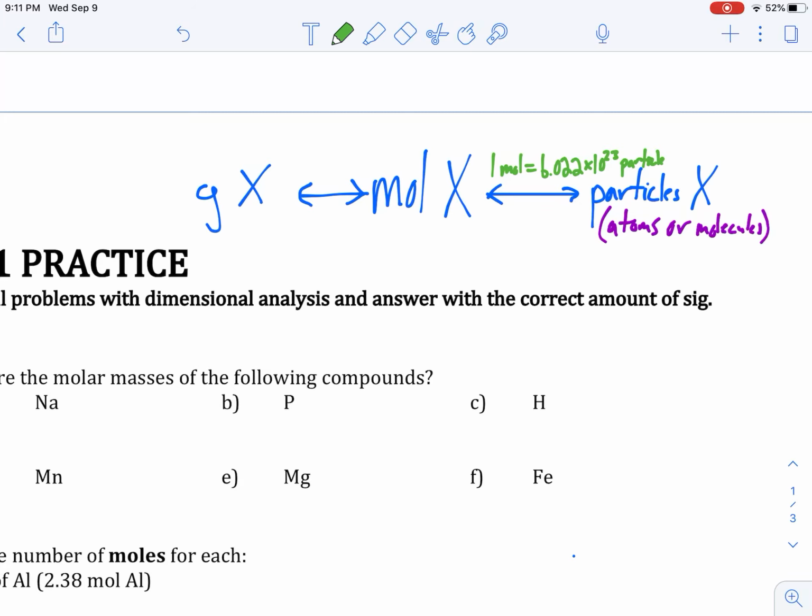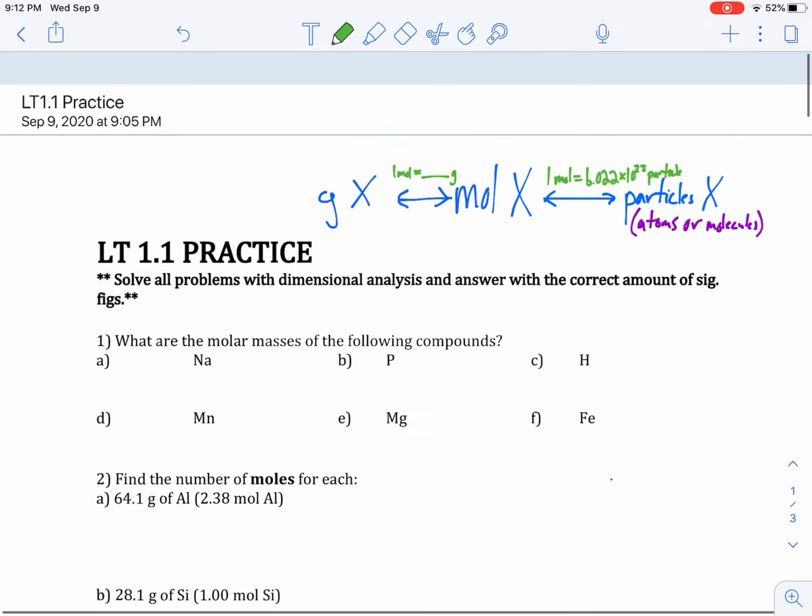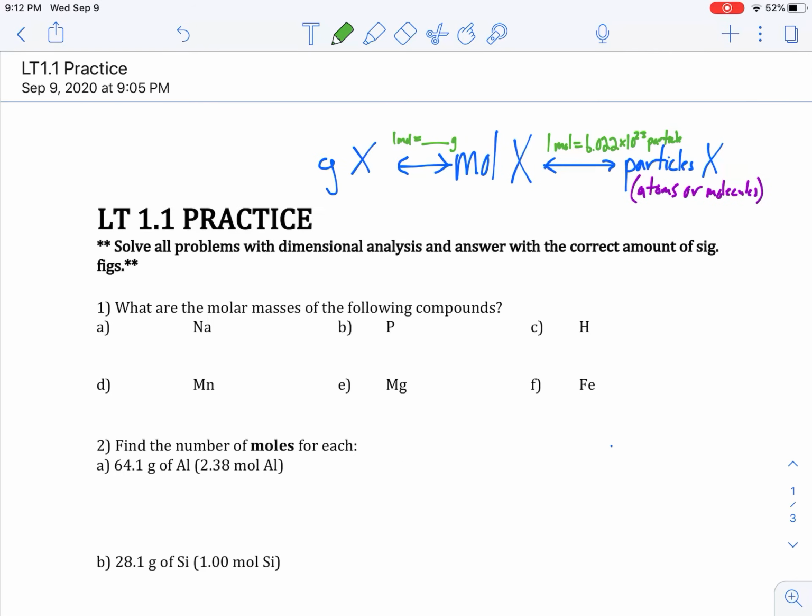To convert from grams to moles, we would need to know our conversion factor: 1 mole equals some number of grams, and that depends on the periodic table. What we need to know is the mass of a mole. Another way of describing that is by calling it the molar mass of a substance. The spot where you can find the molar mass of a substance is on the periodic table.